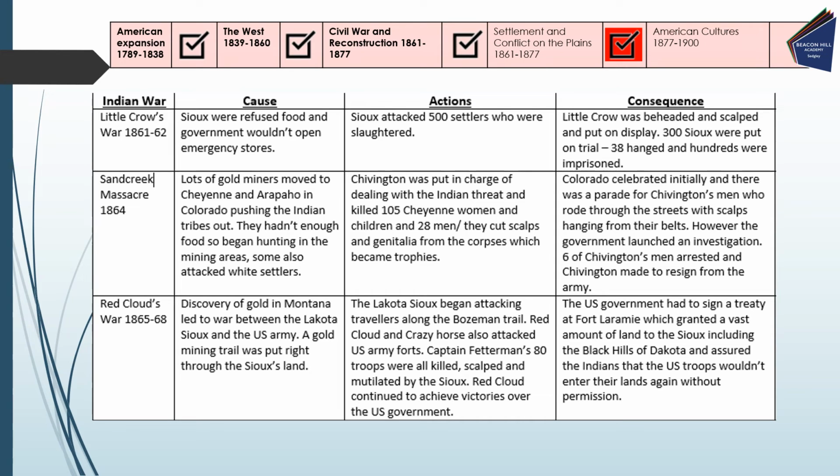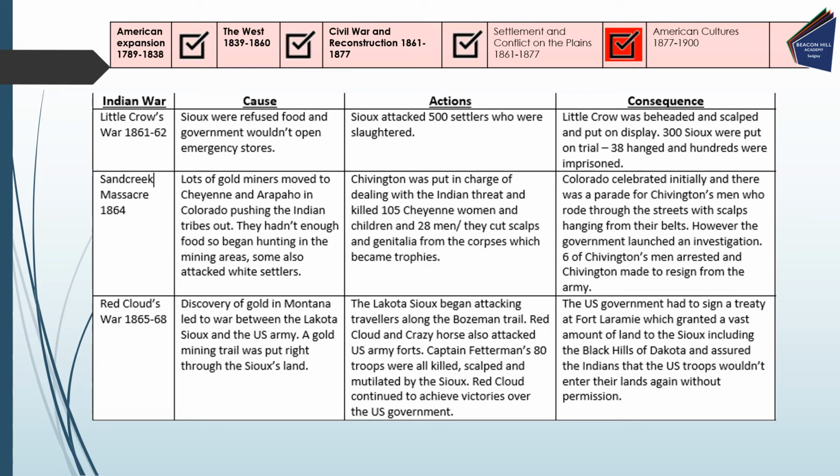As a result, the Lakota Sioux began attacking the travellers along the Bozeman Trail, and Red Cloud and Crazy Horse also attacked US Army forts. Captain Fetterman's 80 troops were all killed, scalped and mutilated by the Sioux. We can understand these actions because of the tribe desiring revenge for what happened during the Sand Creek Massacre, and Red Cloud continued to achieve victories over the US government.